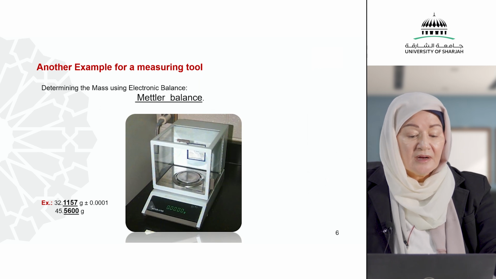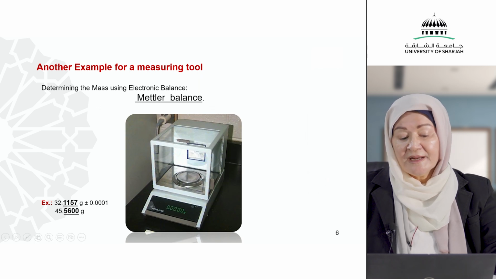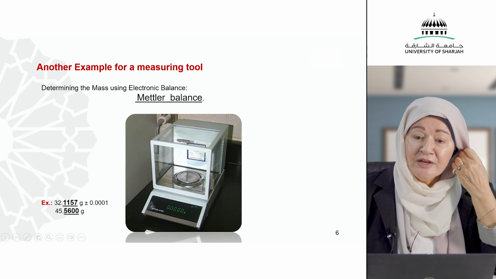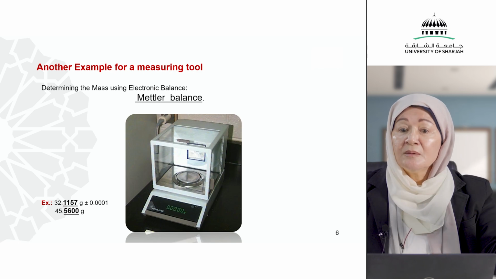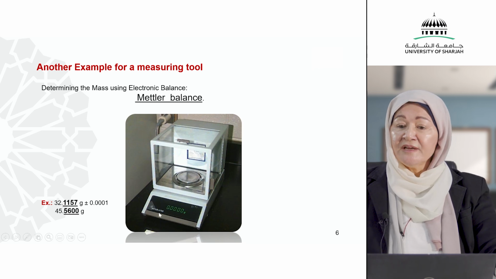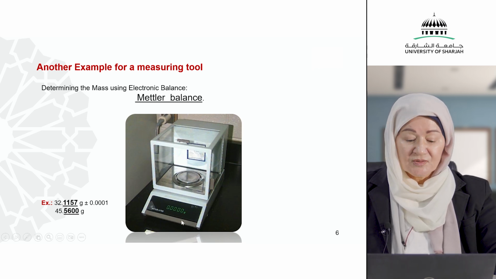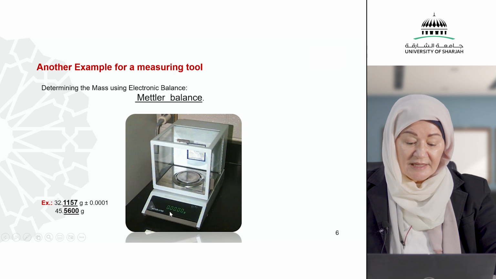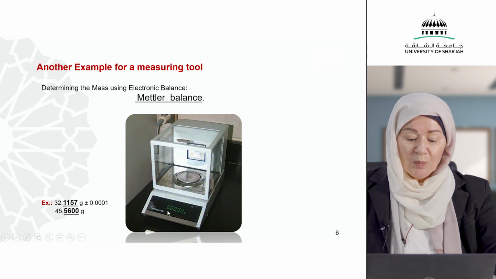Okay, here I have an electronic balance which I use in order to measure mass. Whenever I look at the screen of this balance, I can see that it has 4 decimal places, 0.0000.